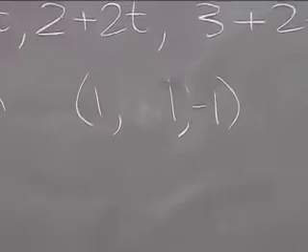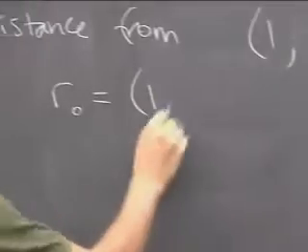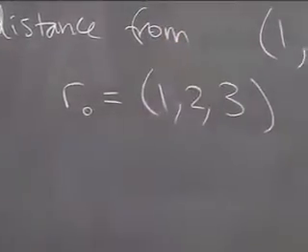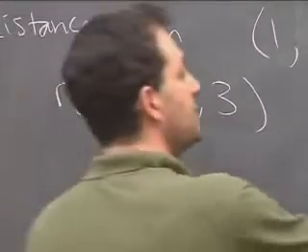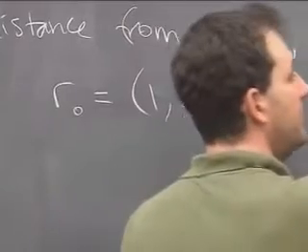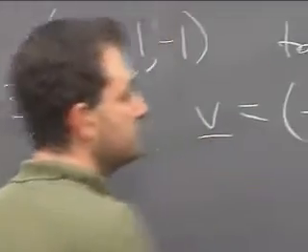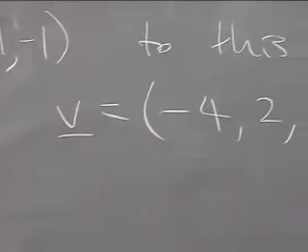So the first thing you have to do is dissect it. And the easiest way to do it is just R0 is 1, 2, 3. You set t equals 0. And take V then to be minus 4, 2, 2. That's not the only choice, but that is the likely choice.